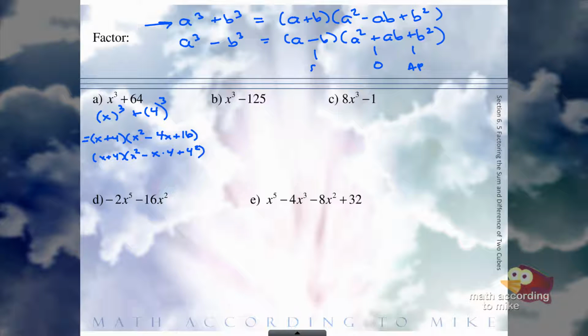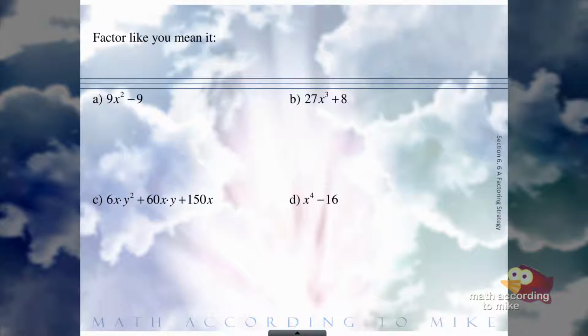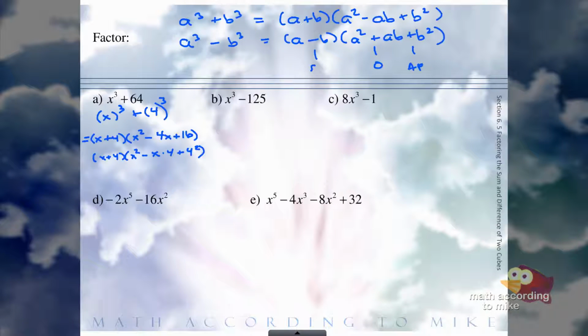So use the first formula. But notice in part B, we have a difference of cubes. What cubed is x cubed? X. What cubed is 125? 5. So using the second formula, wherever you see an a, we're going to put an x.